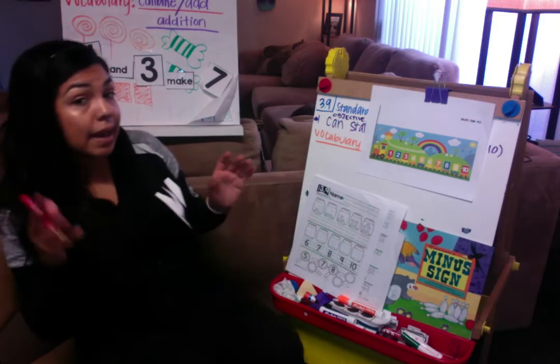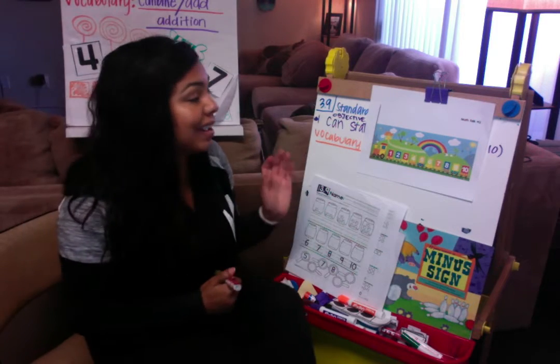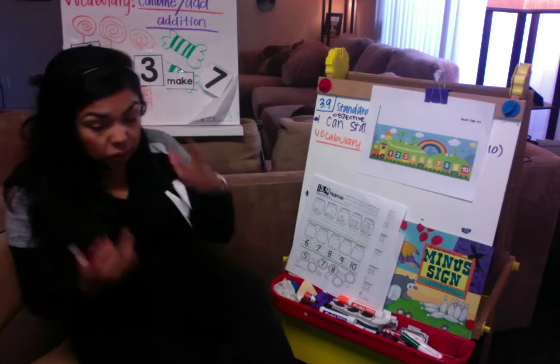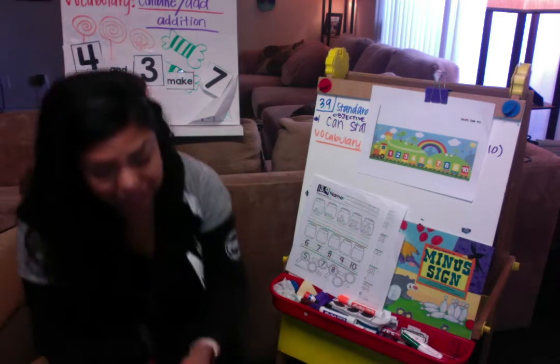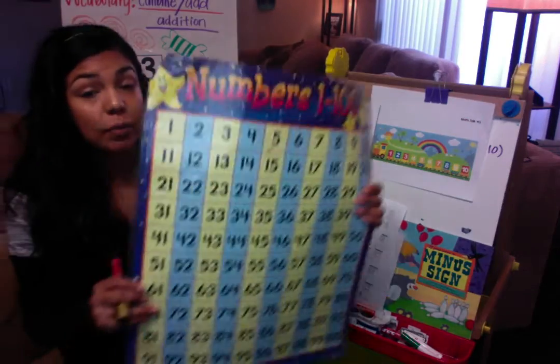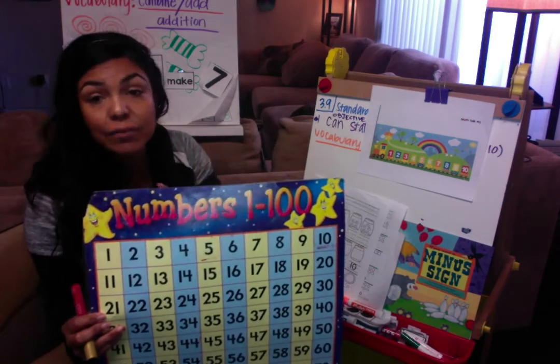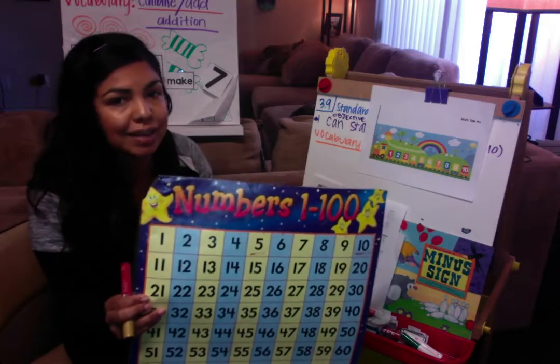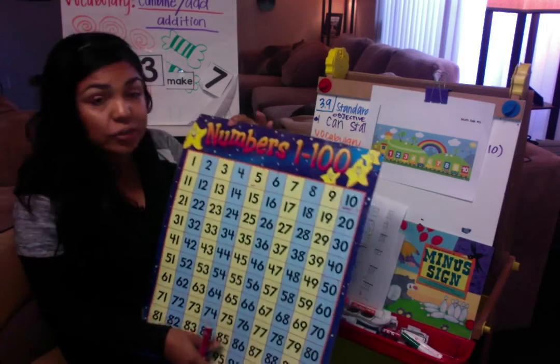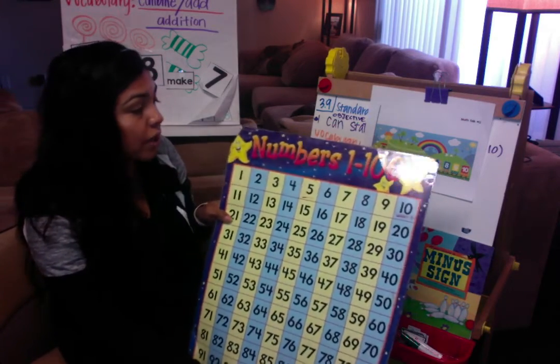We're not getting out of order. Whenever you see number charts like the one we usually have in our classroom, the numbers are in order. They're never jumbled up or scrambled up, like a pancake. We scramble our pancakes and our eggs, but we don't do that with numbers.